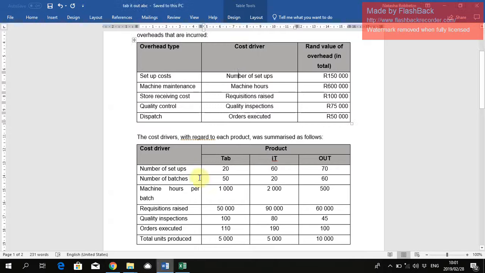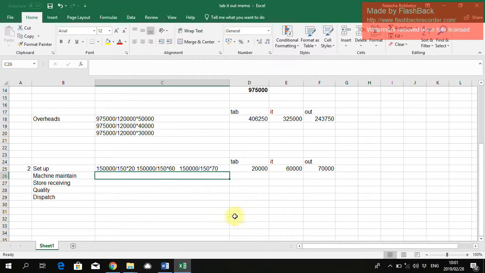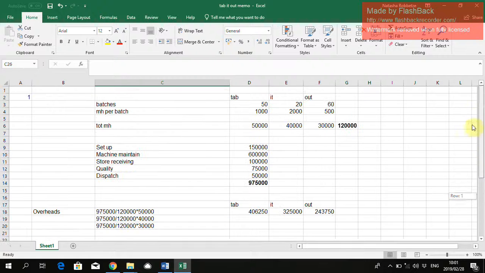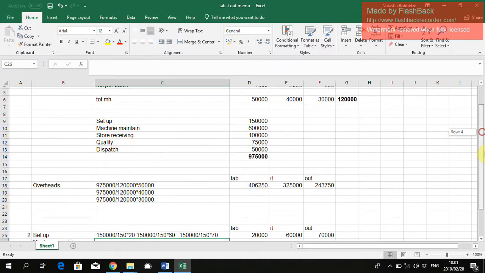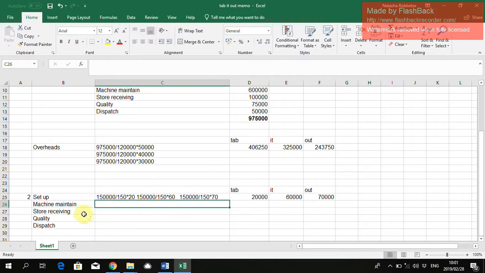I need to move on to machine maintenance. In the question, the total of machine maintenance was given as 600,000, and we have already calculated the machine hours when traditional costing was calculated. So we're going to go back to traditional costing and we're going to use this calculation again to do the allocations. So we're going to take for machine maintenance the total overhead expense, 600,000.